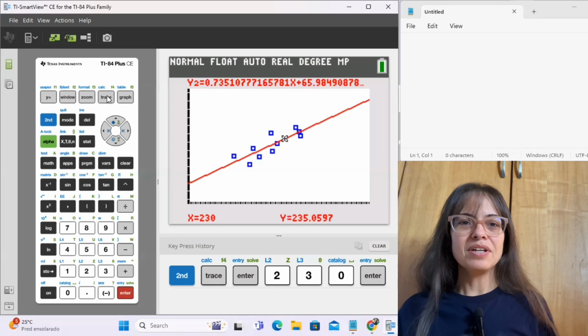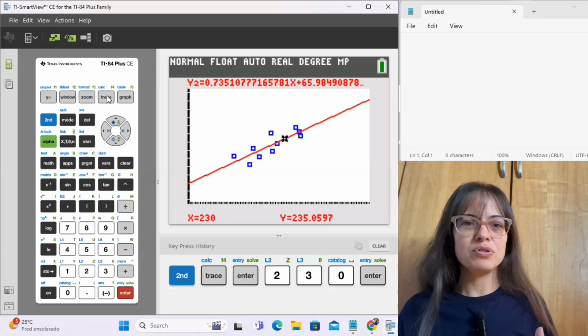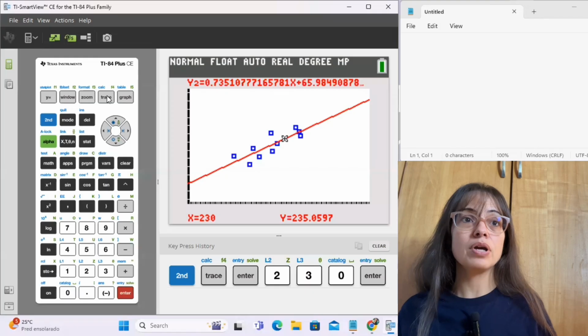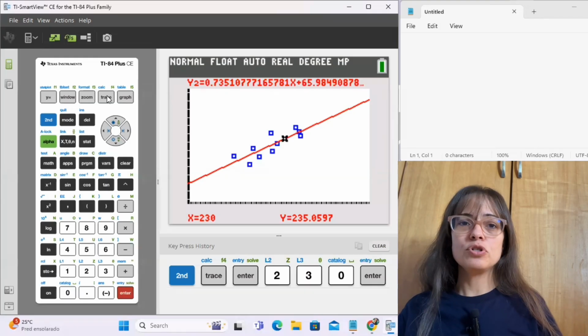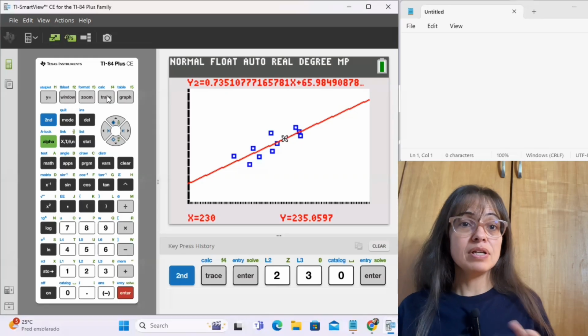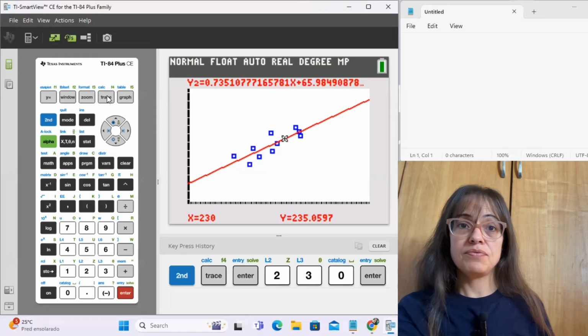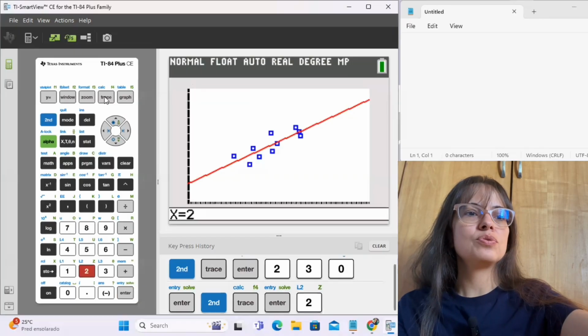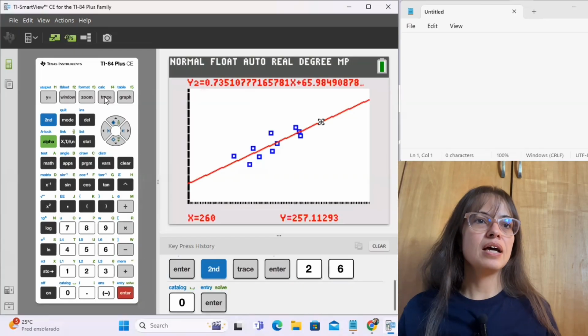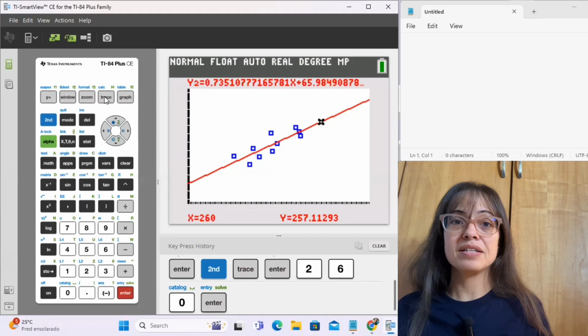Here comes another one of the tiny details that they are always going to ask you about, just to see if you know about it, okay? So pretend that instead of 230, he had asked me for 260. It sounds like it's going to be exactly the same thing with a different number. So I go in here, I put the 260, and I get 257 as an answer, okay?